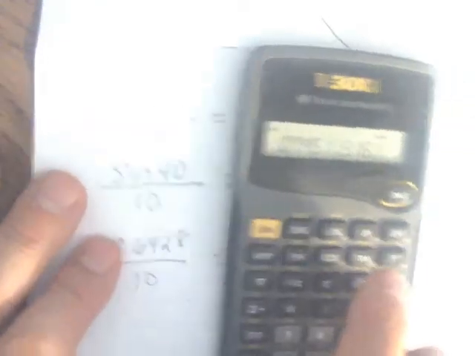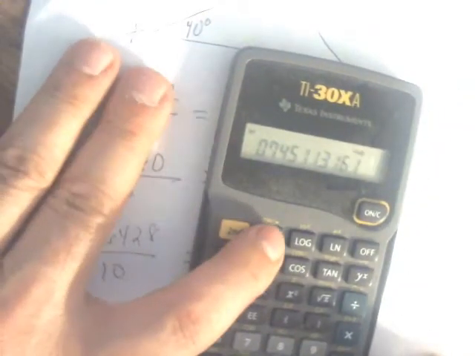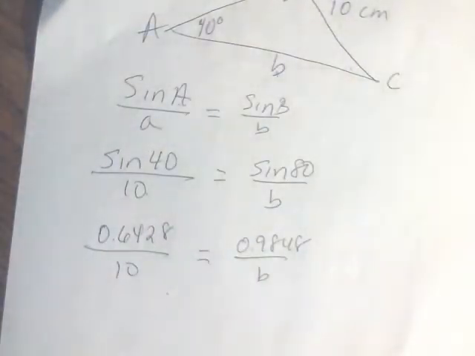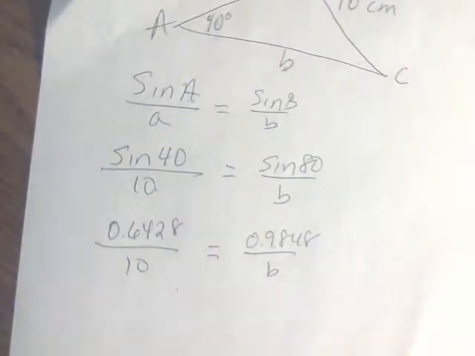Well, on this calculator, I've got degrees and radians. So I press it up here till it says degree, right up here. If you're using the graphing calculator, go to your mode button, but just make sure your calculator's in degree mode. So I'll give you a second to solve that.